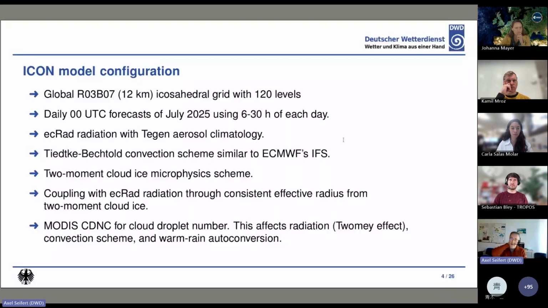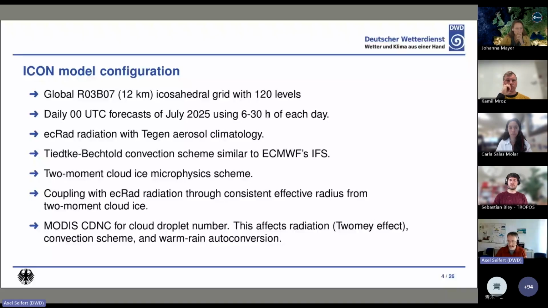So the ICON configuration is close to our operational global model. It's a so-called R3B7 icosahedral grid with 120 levels. So this is roughly 12-kilometer grid spacing. And for this, I reforecasted July 2025.